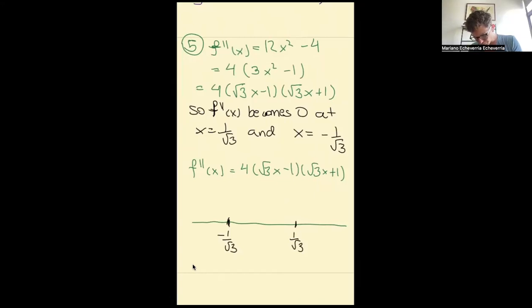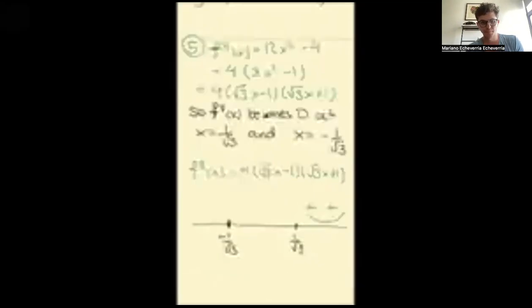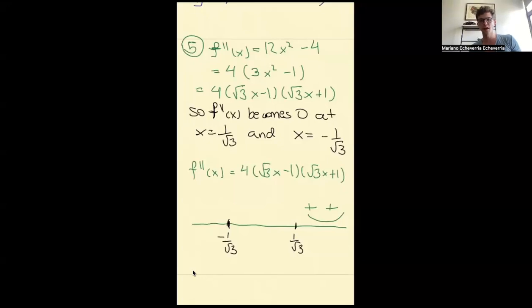To analyze the sign of the second derivative, for example, if you take a number bigger than this one, you can take something easy like 1. If you choose 1 here, this is positive and this is positive. So the second derivative should be positive here. Positive means concave up, so you're happy. And if you choose a number in between, the easiest is 0.